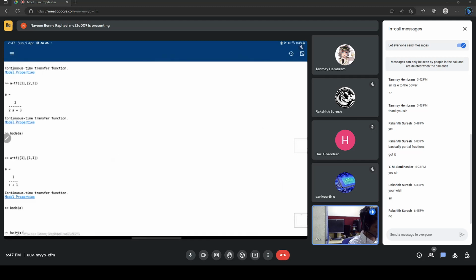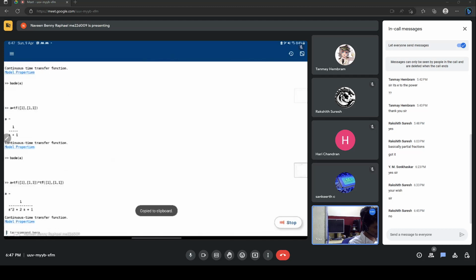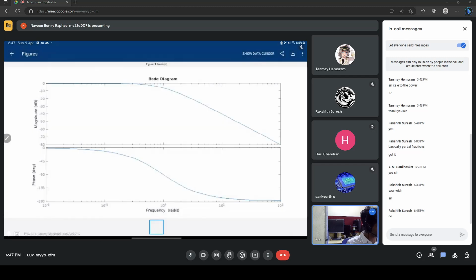So if I wanted to, I've multiplied it with itself, and this time, while it's not clear, if you look at the magnitude, the range has changed and it's a steeper slope.